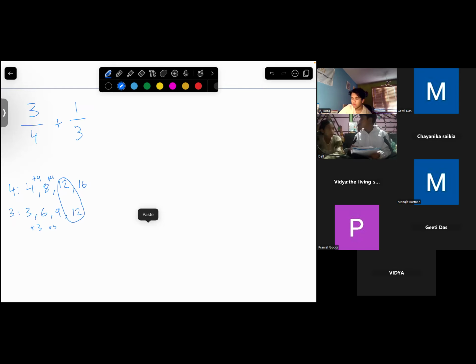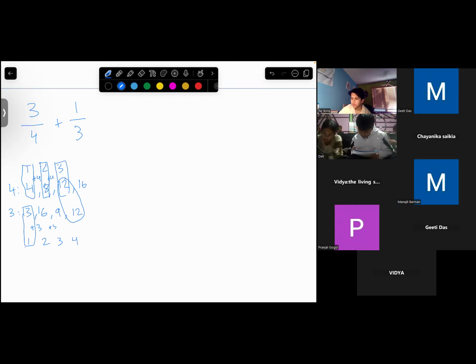So once we get that 12 is there, we see that it made 1, 2, and 3 numbers for 4, and it caused 1, 2, 3, 4 steps. So this was one step, this was a second step, and this was the third step. And then for 3, it is the same thing.